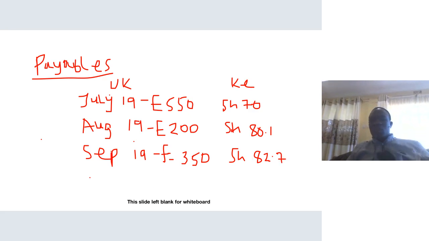Then we are told now to prepare our accounts payable account. Now remember that there is no contract price.